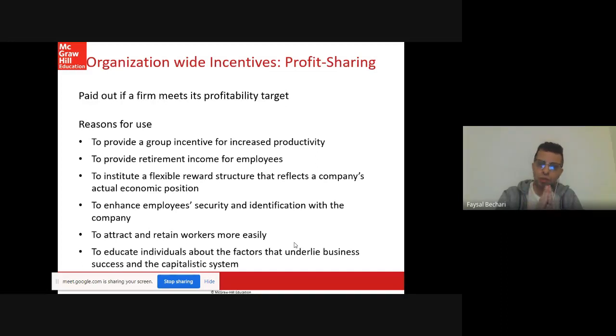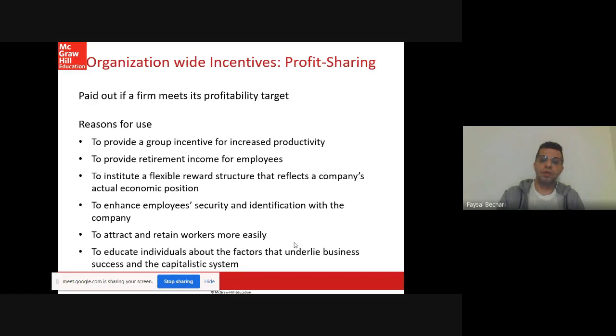The reason to use that is to provide a group incentive to increase productivity. So they feel like one group and will be more productive, produce better, maybe more cost effective. It also provides retirement income for employees, so when he retires he still keeps that share.